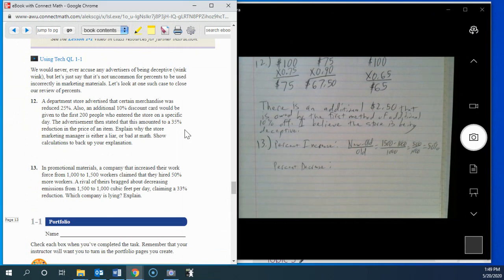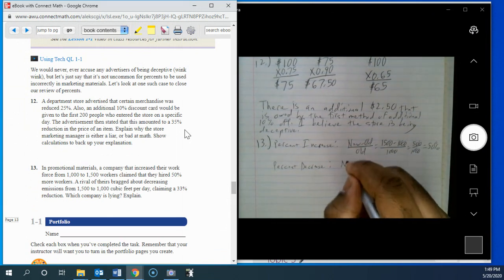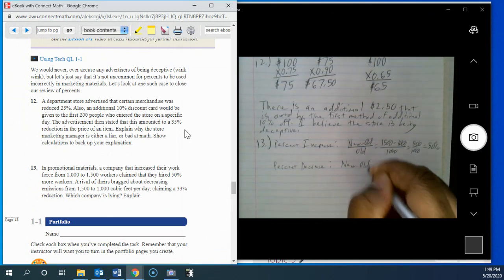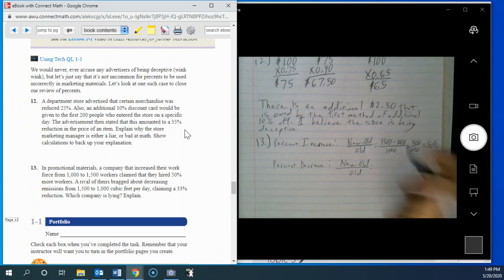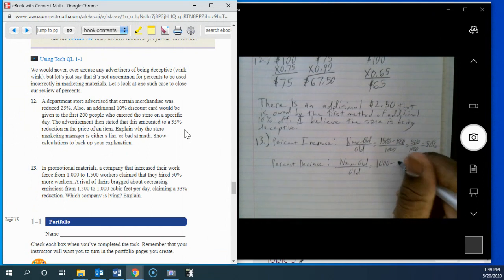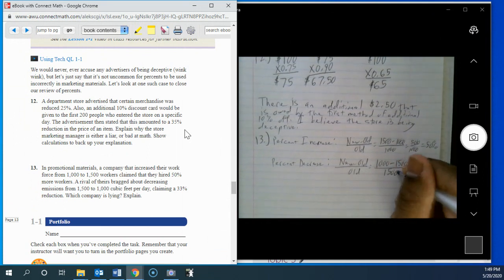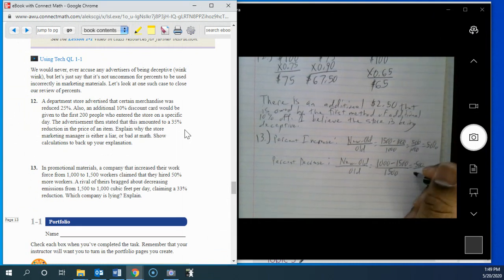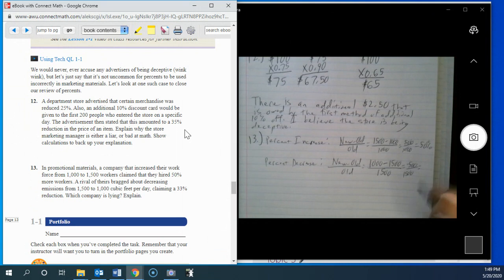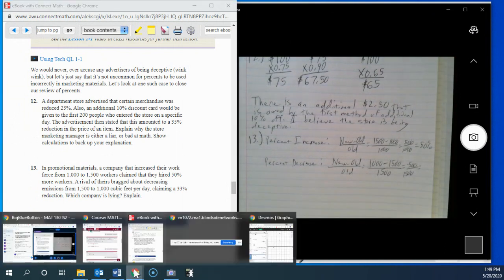Now we go to the percent decrease. It's still new minus old divided by old. The new value was 1,000 because remember, they're reducing. The original value was 1,500, divided by the 1,500. So this would be a negative 500 over 1,500. And then if you round this value, matter of fact, let me put it in the calculator so I can show it to you.